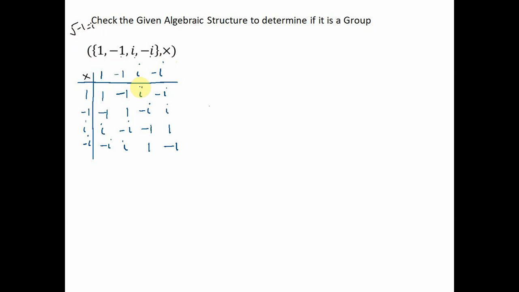Now, as you can see, all the 16 elements within this composition table are from 1, minus 1, i and minus i. So we can say that the operation is closed. So the closure property is satisfied.